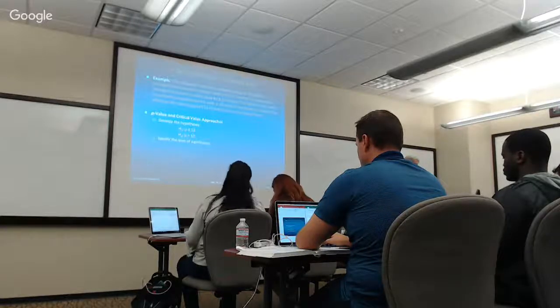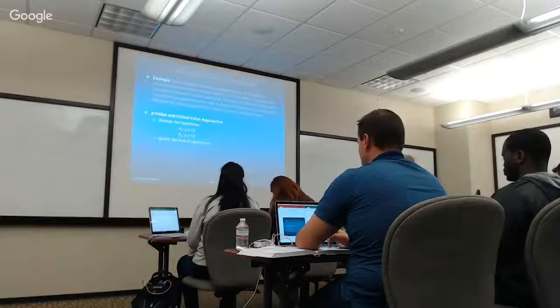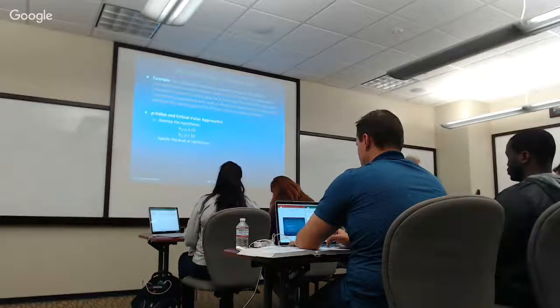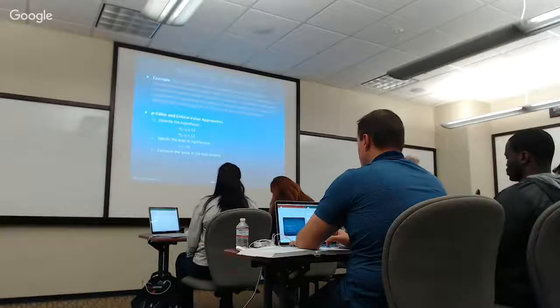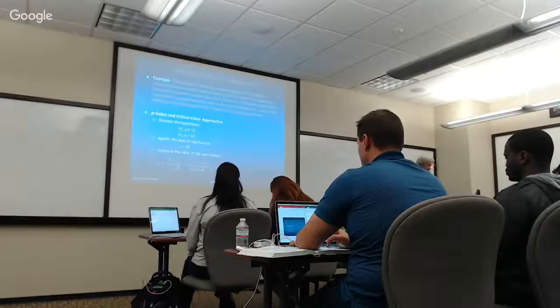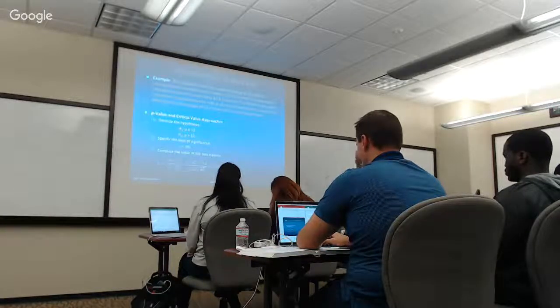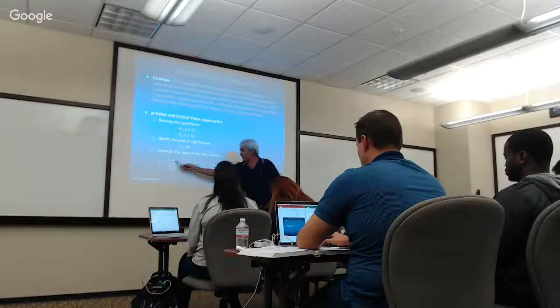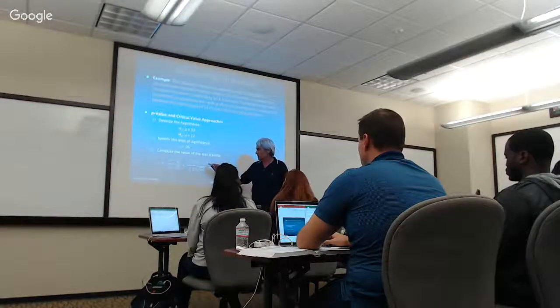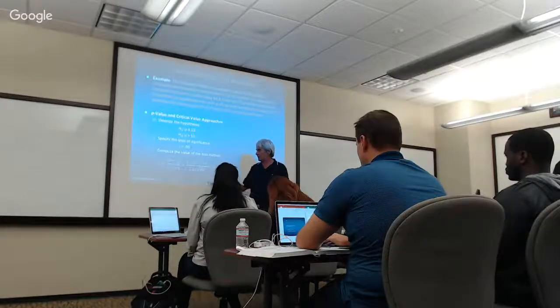What's the level of significance? 0.05. We're going to compute, again, the test statistic, just like we've done before. Take our observation of 13.25, subtract the mean of 12, and divide it by our standard error.